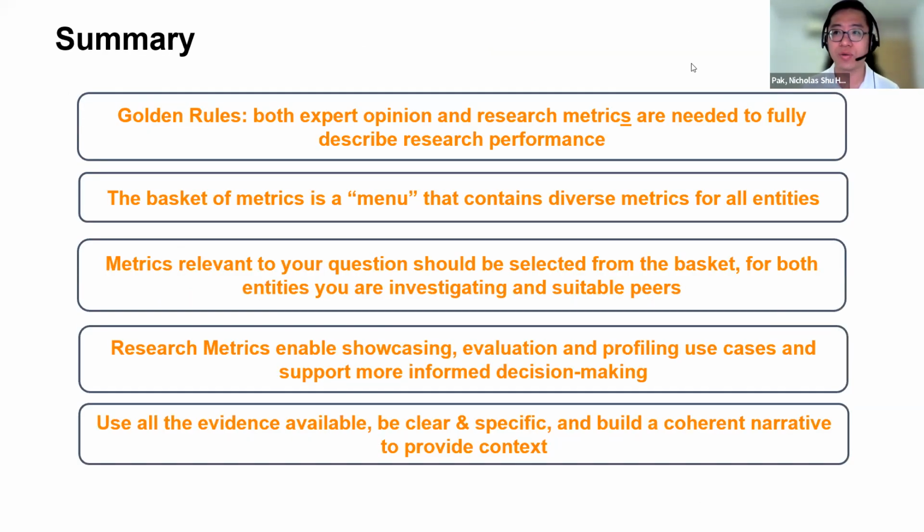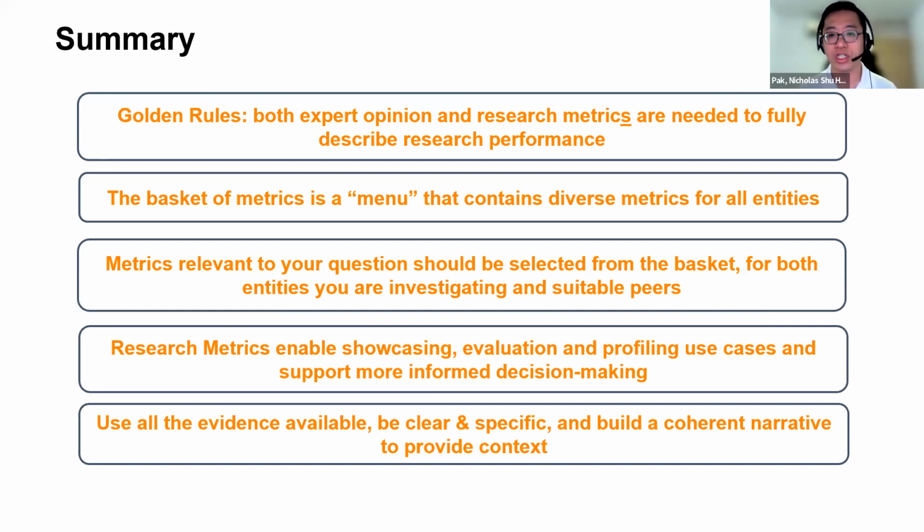So all in all, we talk about many things, but crucially, expert opinion and research metrics are needed to fully describe research performance. This is why the Scopus content selection and advisory board is so crucial to what we do. The basket of metrics is a menu which contains diverse metrics for all entities.